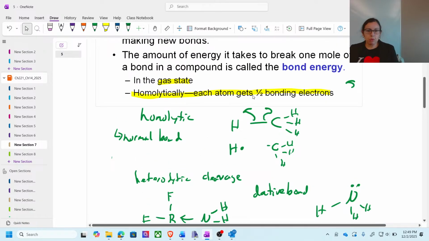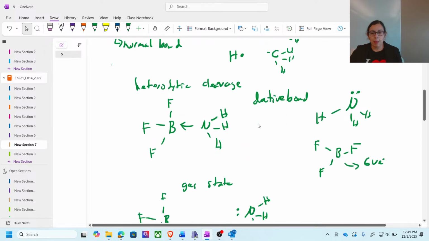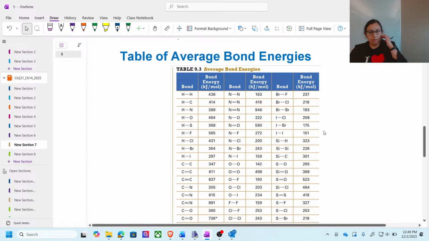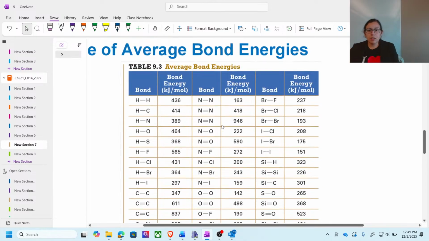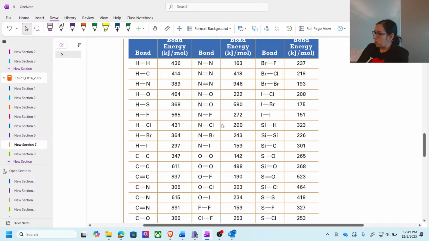Otherwise, when we're examining our bond energies, we're just looking at our average bond energy for that particular bond. We'll leave with that thought. Again, you have these standard charts.